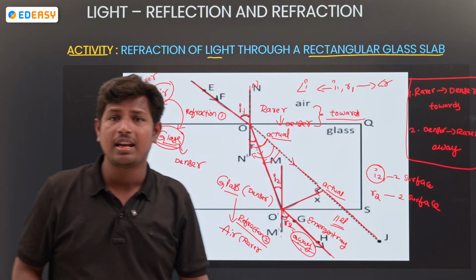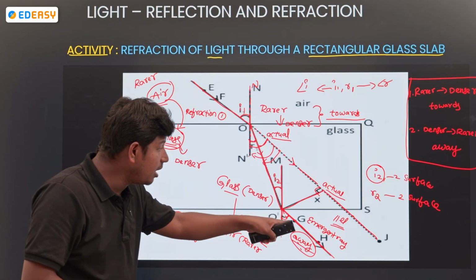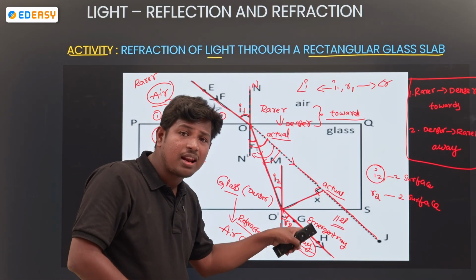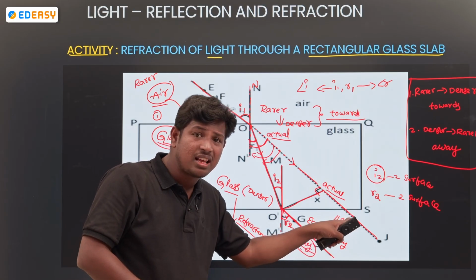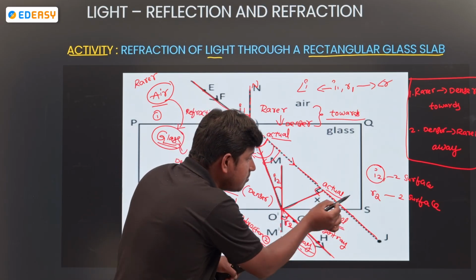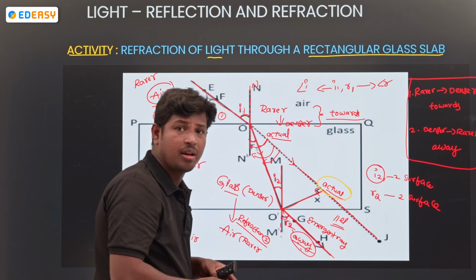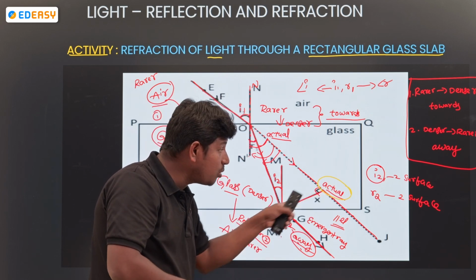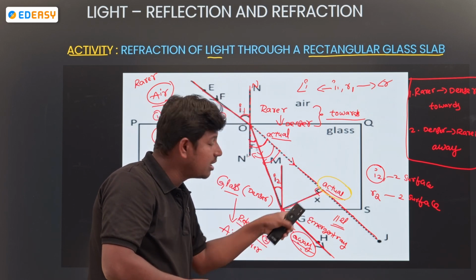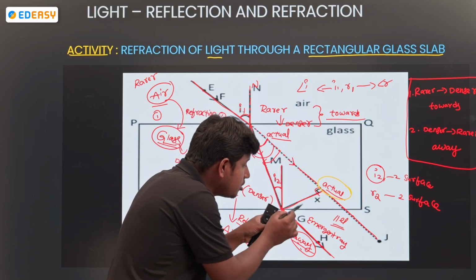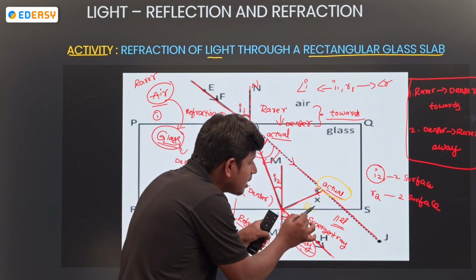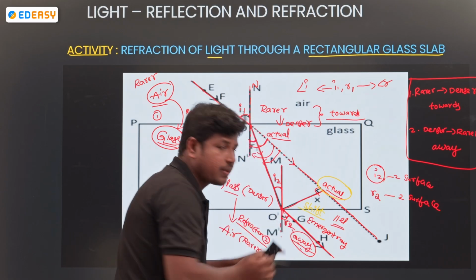See, what does lateral shift mean? Which rays are parallel here? The emergent ray and the incident ray are parallel. This is the actual direction of the light ray, but it has shifted to here. This shifting we call the lateral shift.